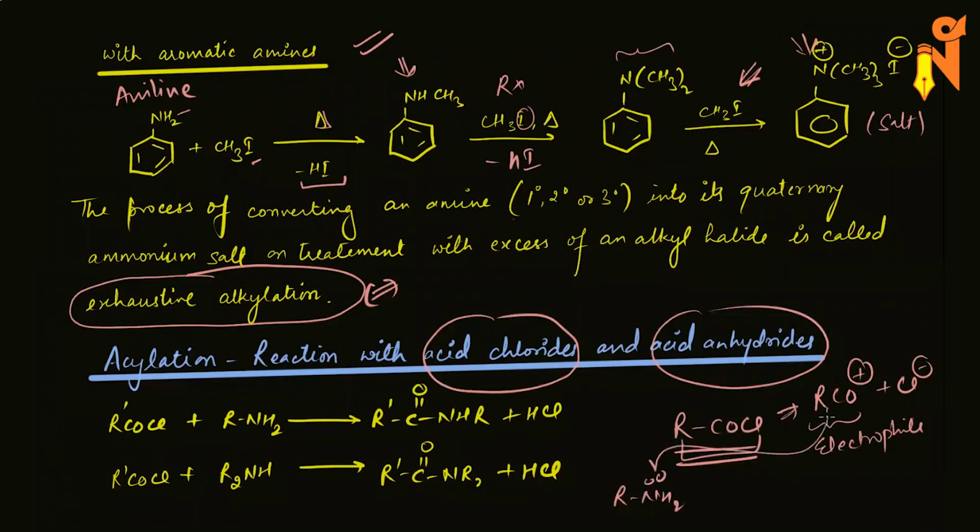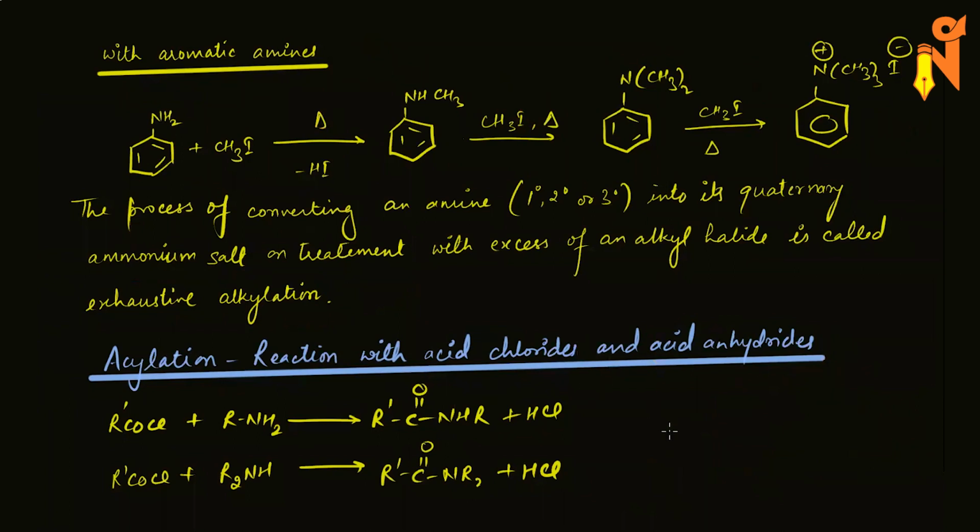So basically, this electrophile gets attracted towards this lone pair, and let me just write a probable mechanism for it. So it's like RNH2, RNH, and let me write H over here, and the pair of electrons, and RCO plus. So this RCO plus will get attracted over here and will form a bond like RNH, COR and hydrogen, and the nitrogen will gain a positive charge.